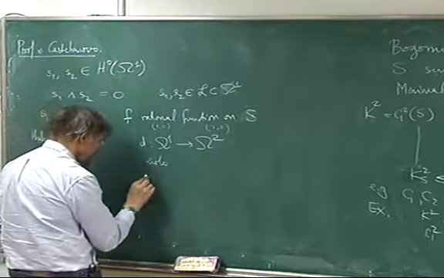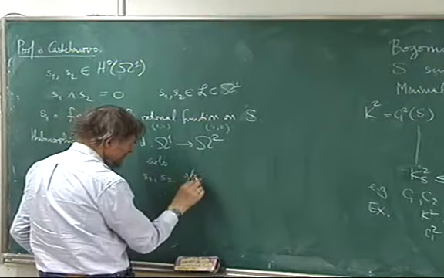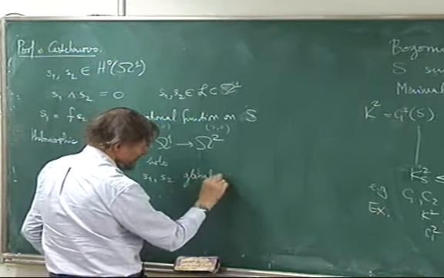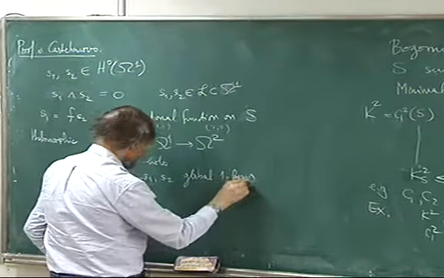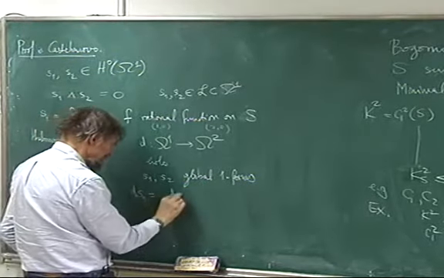Right. So if S1 and S2 are global sections, global one forms, then dS1 equals dS2 equals 0.